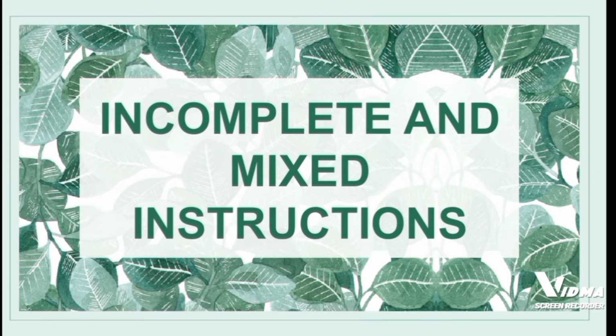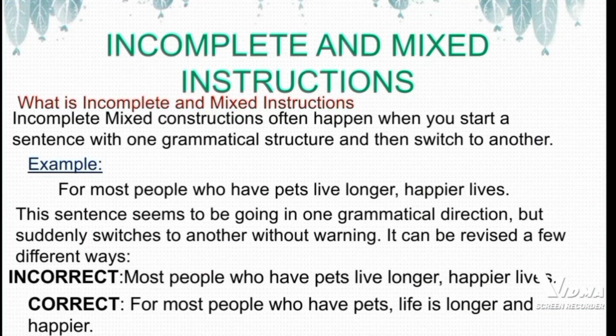And now let us move on to incomplete and mixed constructions. Incomplete and mixed constructions often happen when you start a sentence with one grammatical structure and then switch to another. For example, for most people who have pets live longer, happier lives.